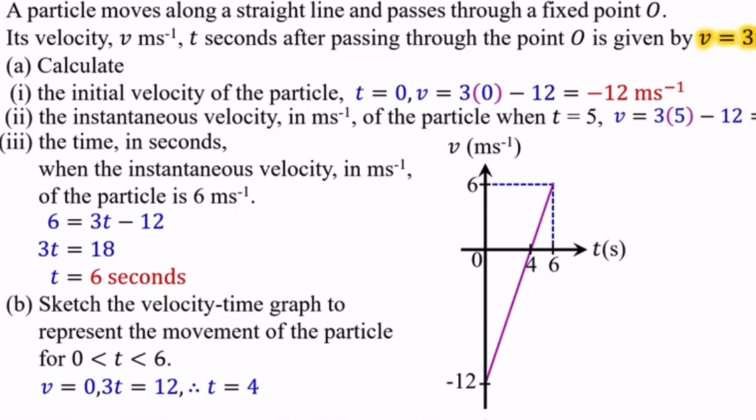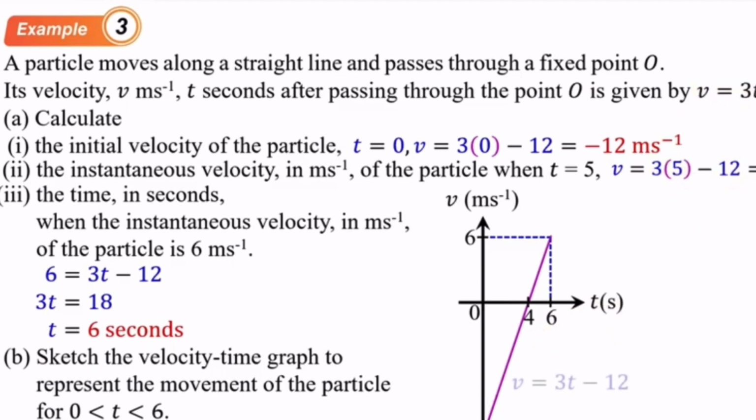We label v equals 3t minus 12. You can find the x and y intercepts, and the gradient is positive.